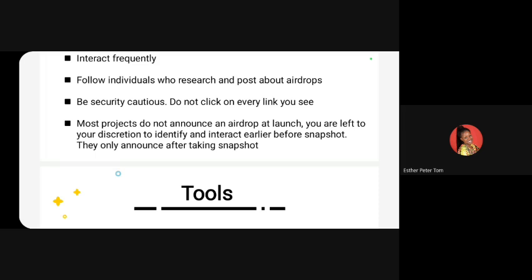So for instance, the Wormhole airdrop was in the first quarter of this year. Wormhole launched, I can't remember exactly, but December, if not November. Many people compare Wormhole to LayerZero, because Wormhole is also a LayerZero kind of product, right?